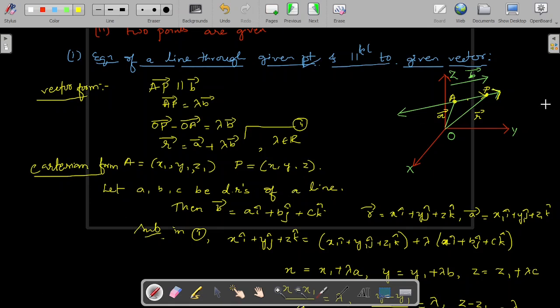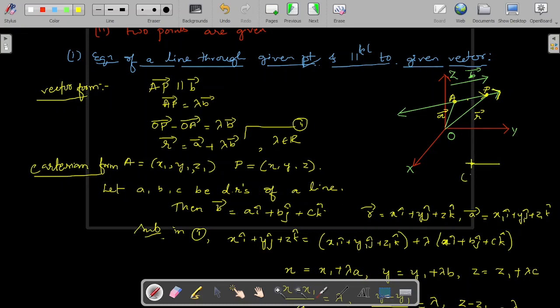We already studied direction ratios. We are not taking direction cosines here because direction cosines give you only a unit vector in the direction, whereas direction ratios will give you a vector of any magnitude in the same direction.